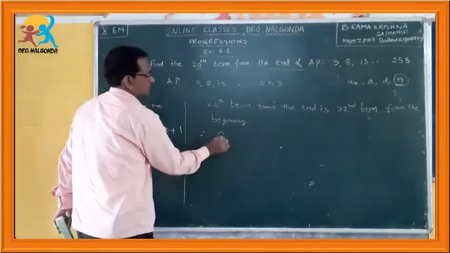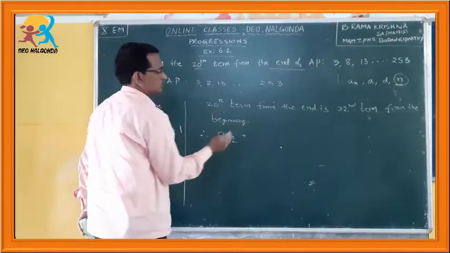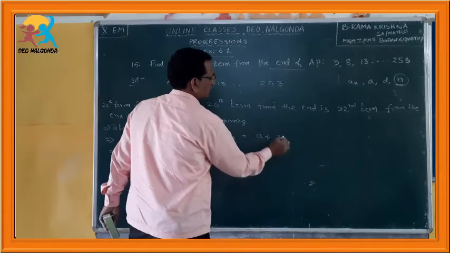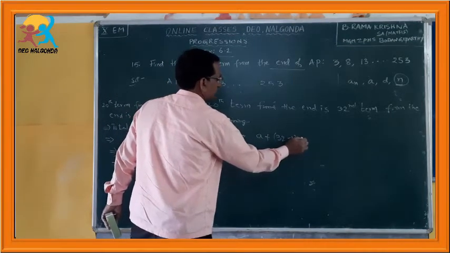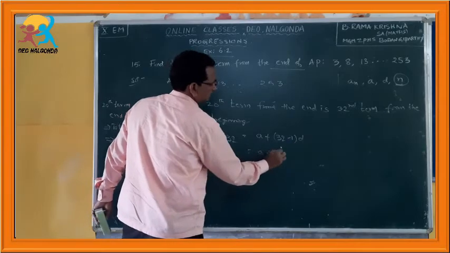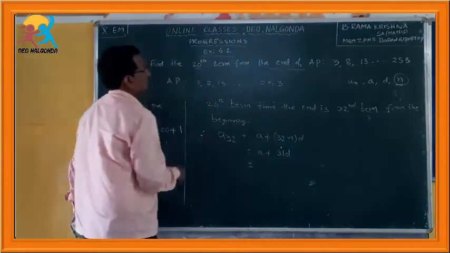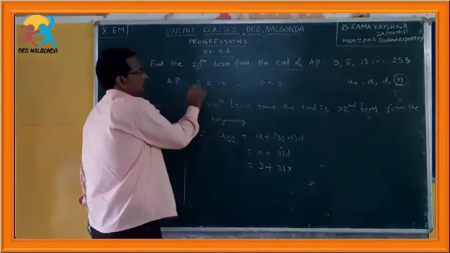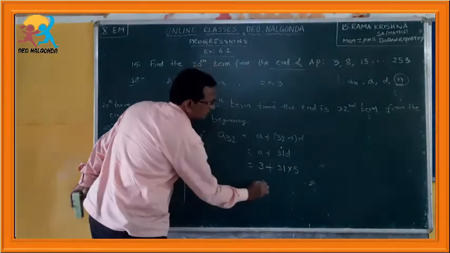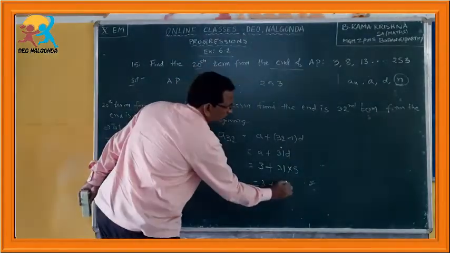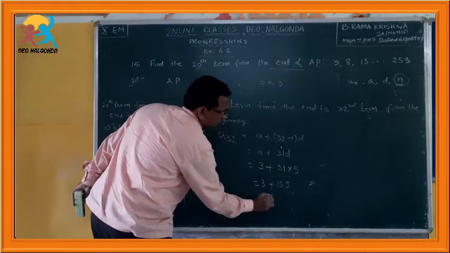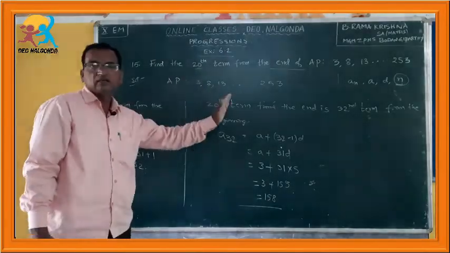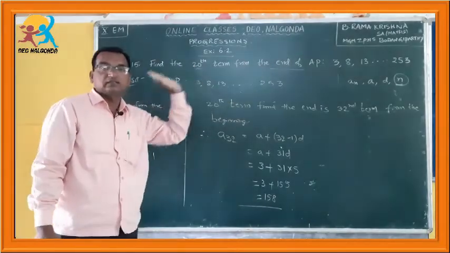Therefore, a32 is equal to a plus 32 minus 1 into d, which is equal to a plus 31d, which is equal to, here what is a? 3 plus 31 into what is d? 8 minus 3 is 5. So, calculate 3 plus 155, which is equal to 158. So, this is the 32nd term from the beginning, which is also the 20th term from the end.